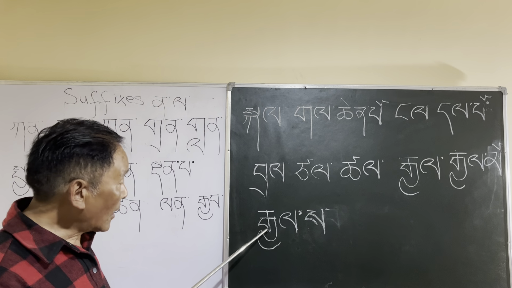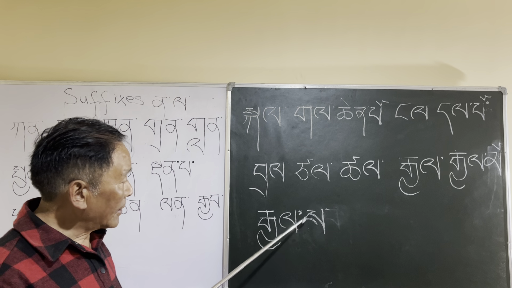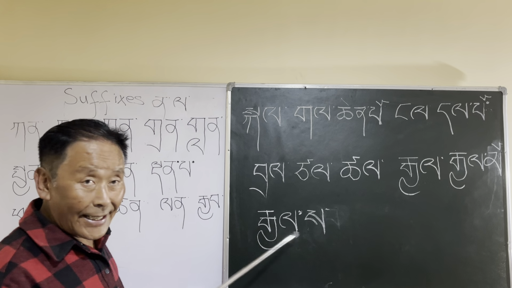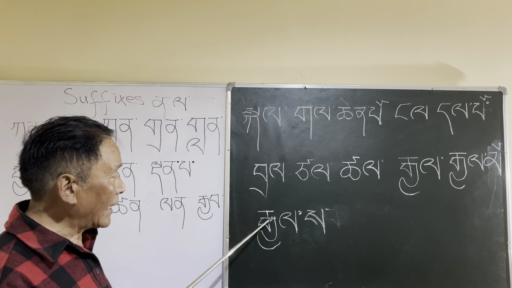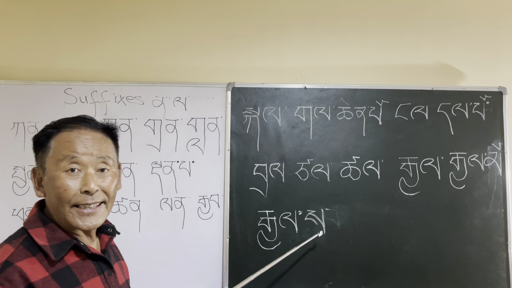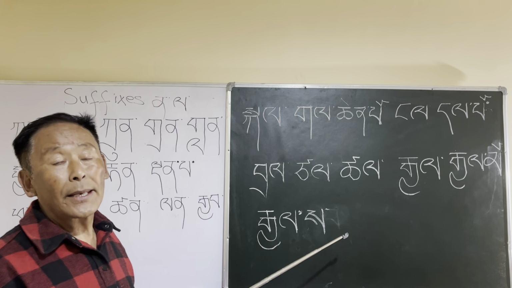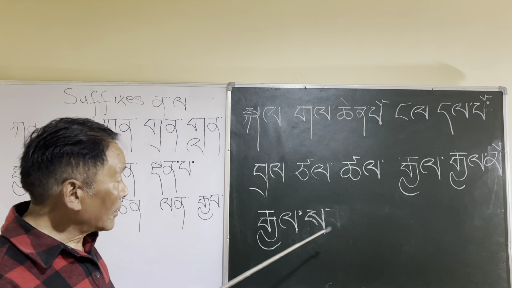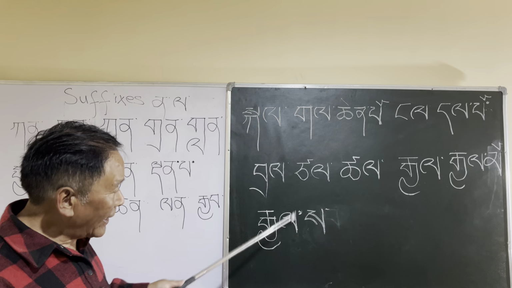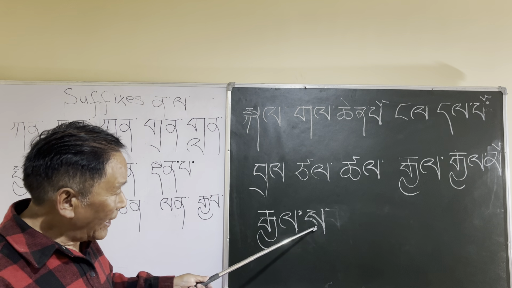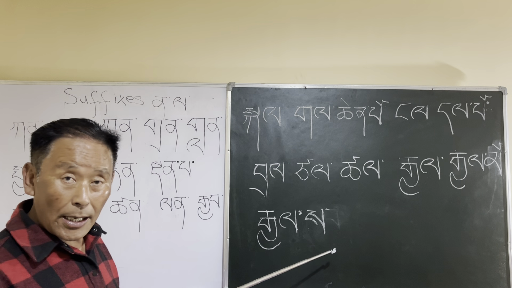Gelsa, the place of the king, means the capital, capital of India, capital of America, USA. If you break them down, place of the king, Gelsa.